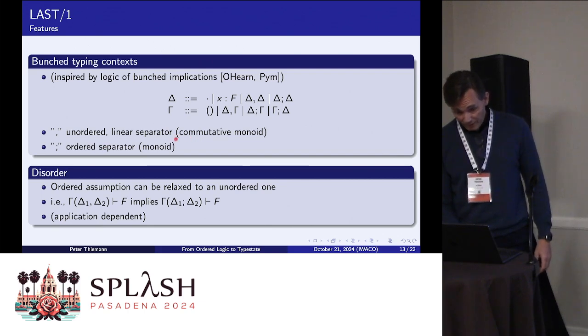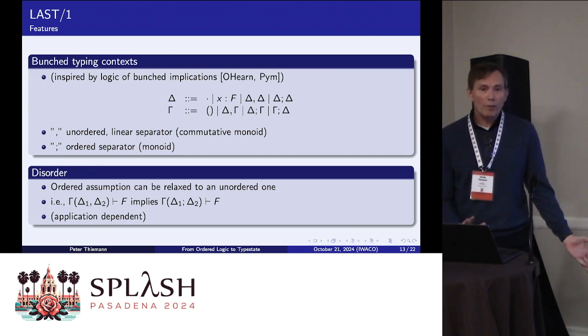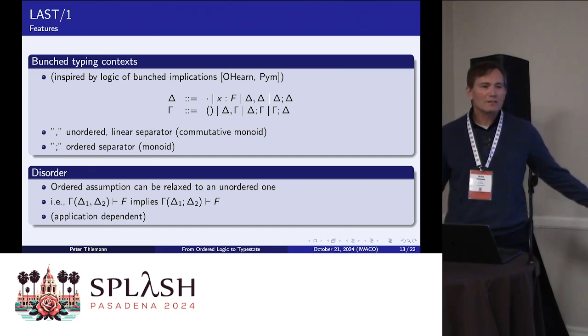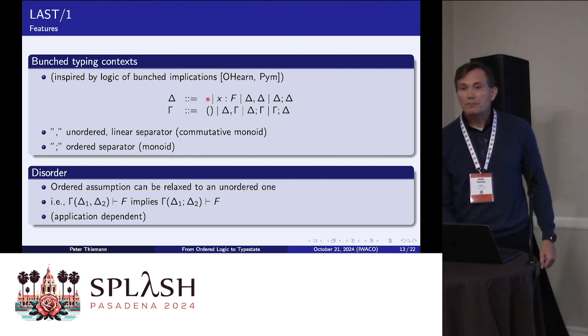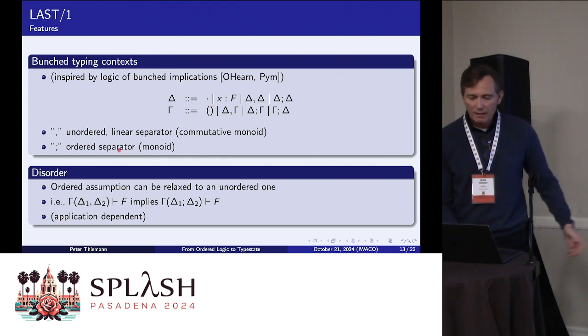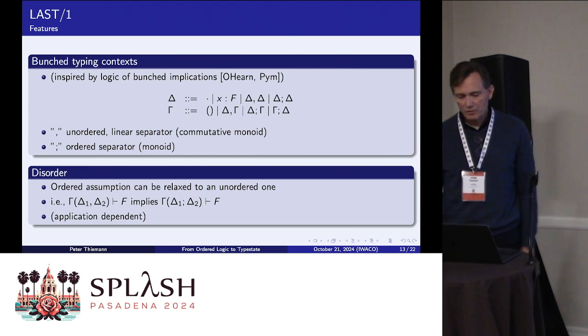So you have a commutative monoid that is formed from the empty context and the comma operator, because these are like the linear assumptions. And if you only have commas in your context, then this behaves like a linear context. And then the ordered separator is just a monoid with the empty context. And again, if you only have semicolons, then you have a pure ordered logic assumption.